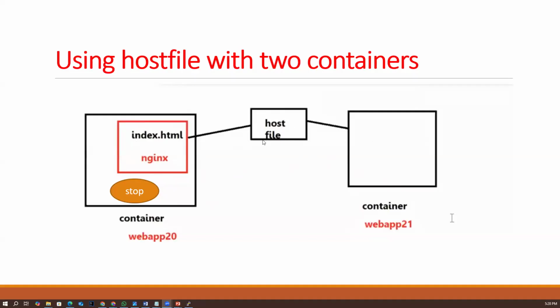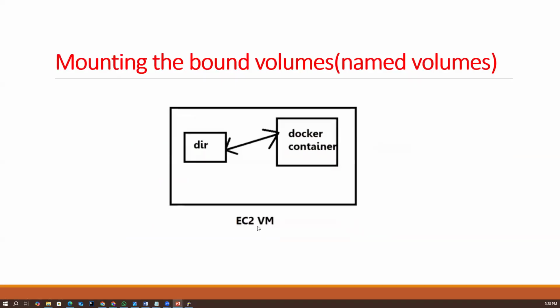But I don't want to use the Docker volumes. So there is a possibility where we can create a directory in the host machine. Host machine means our EC2 machine. I created a directory and attached it to the Docker container.